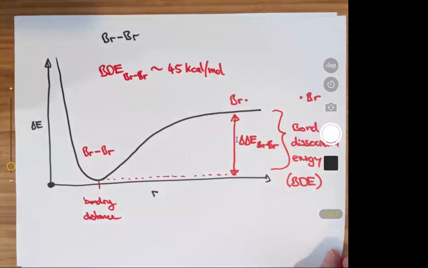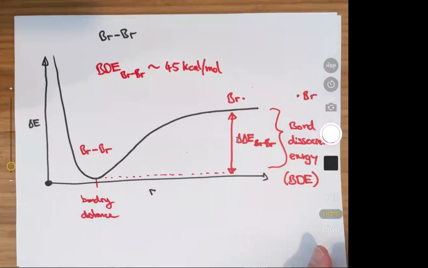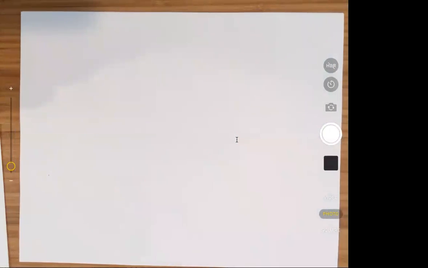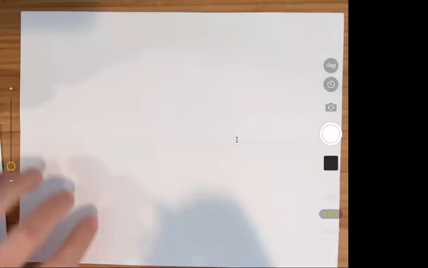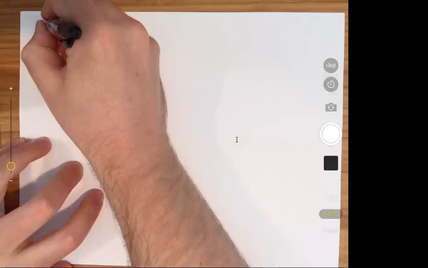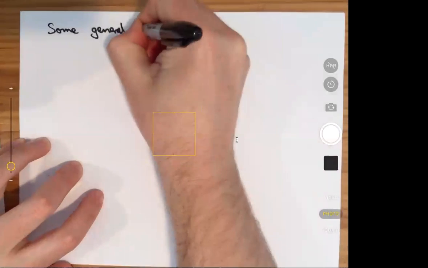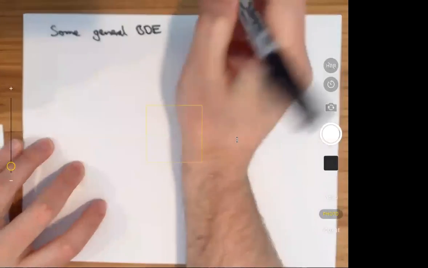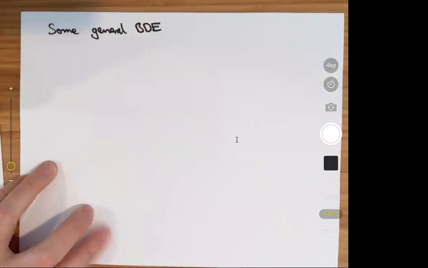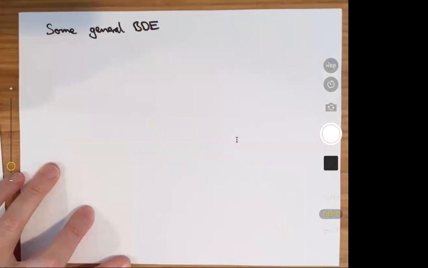Now, in your textbook, you have an exhaustive table of bond dissociation energies, so I'm not going to repeat this. You can look it up. But there is a general trend that I want to discuss, some general bond dissociation energies that you should have in the back of your mind in order to analyze these reactions.